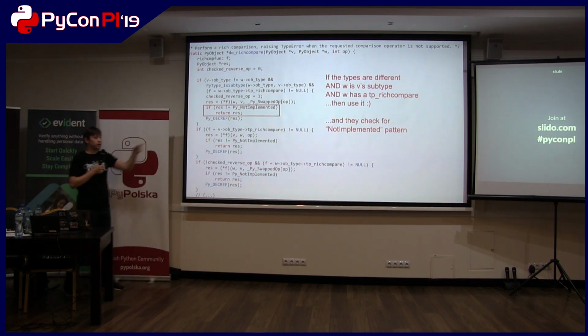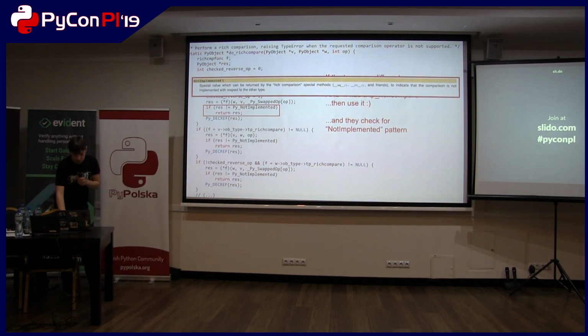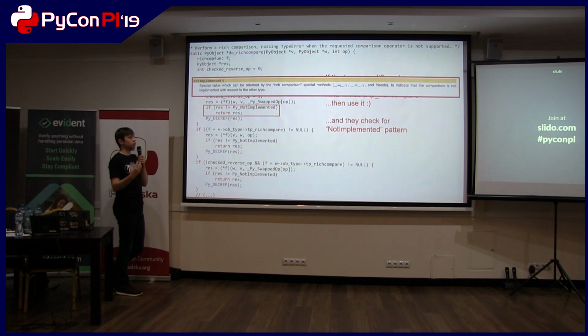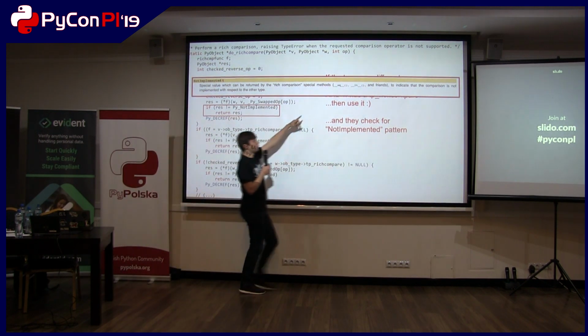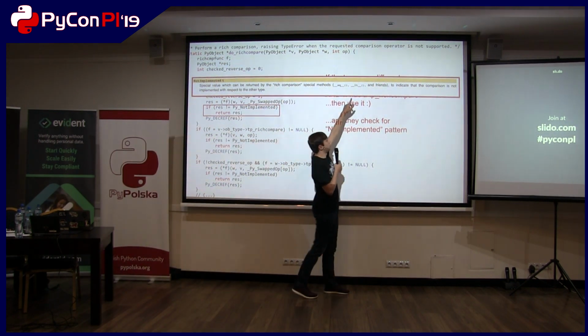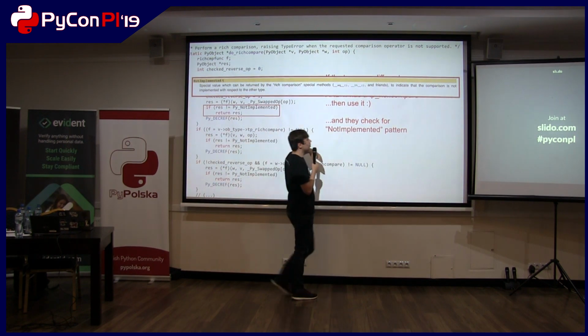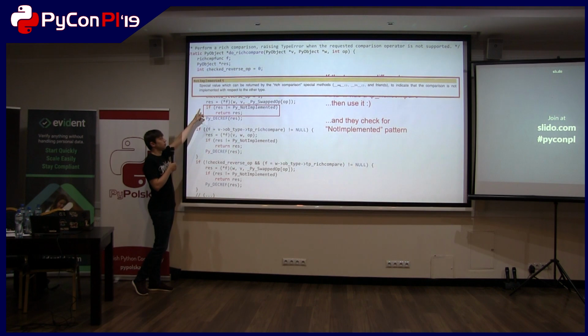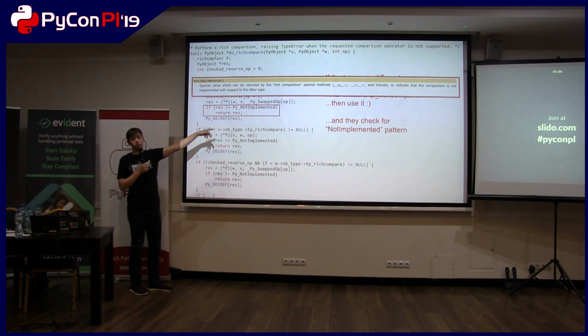And the thing we've not implemented is that there's a special singleton in Python which you can use to return from methods like magic equal or less than or greater than and so on, to indicate that the operation is not implemented with respect to the other type.